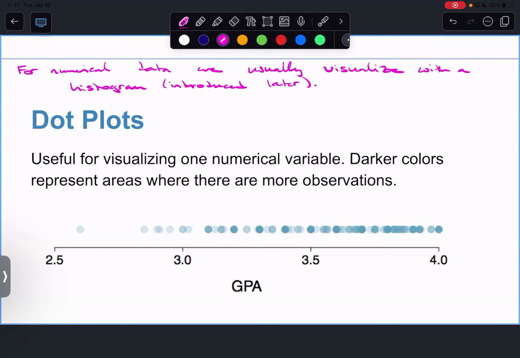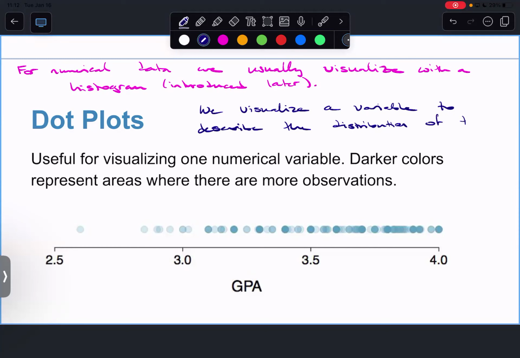But what we're trying to do when we visualize a variable, right? We visualize a variable to look at the distribution usually, or to describe the distribution of the data.